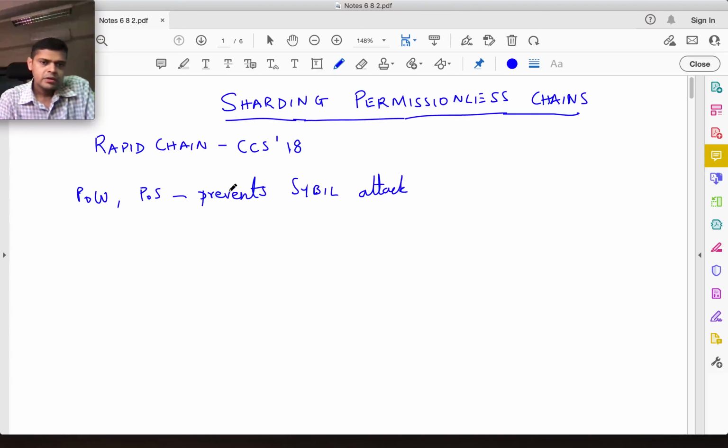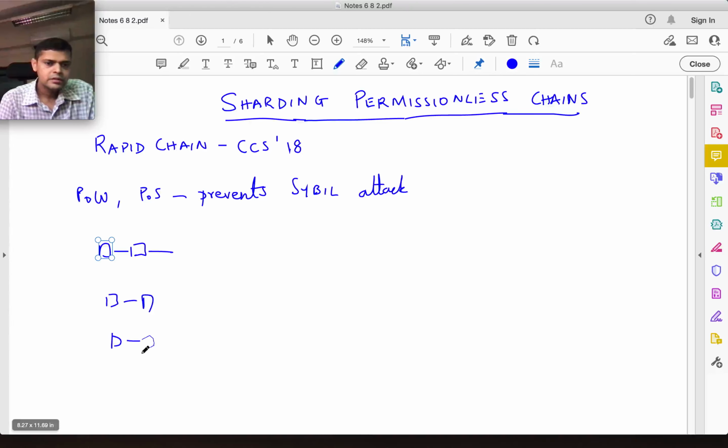So can we have multiple chains using proof of work and proof of stake? We'd have to think about it. If you have, let's say, multiple chains, how would you divide proof of work among all of these?